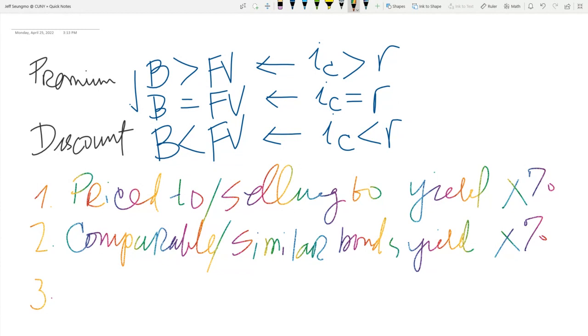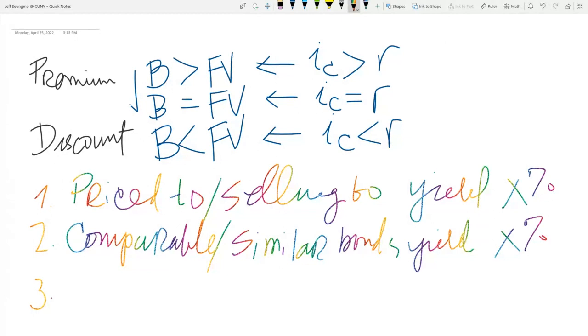So if this particular bond is triple B class, then comparable bonds mean other bonds of triple B class.